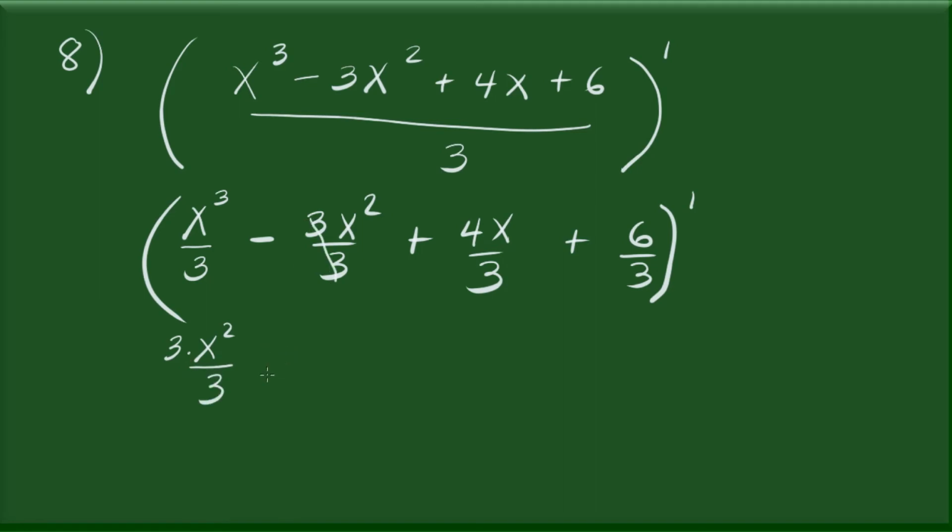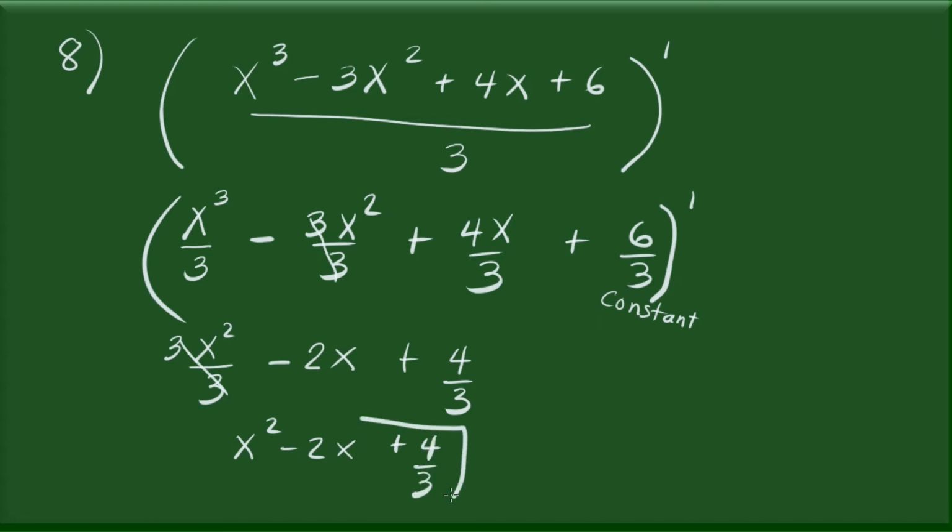Now this will just cancel out. So we simply have 2x plus 4/3, right? Because this constant, its derivative is 0. So now it's reduced to x squared minus 2x plus 4/3. So sometimes you can break it down into small fractions sharing that same denominator.